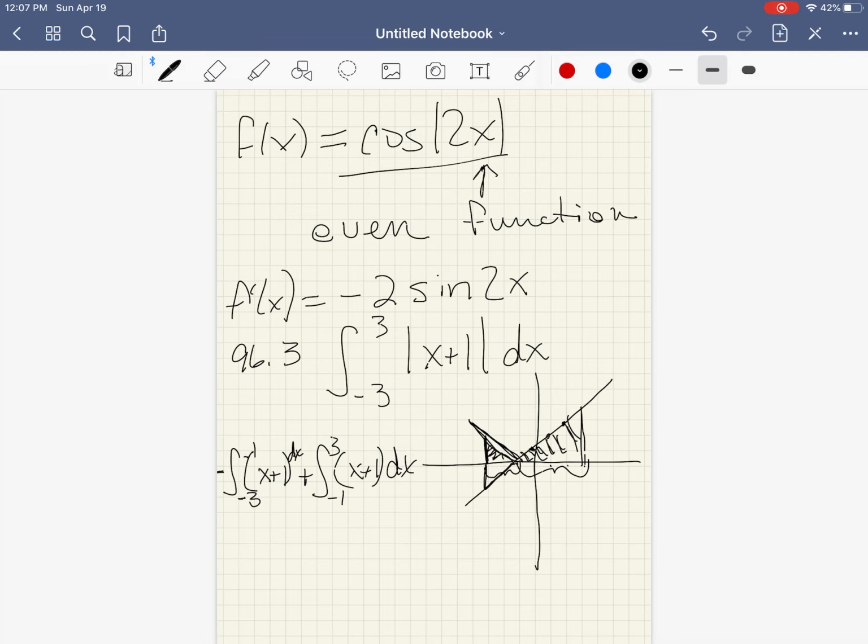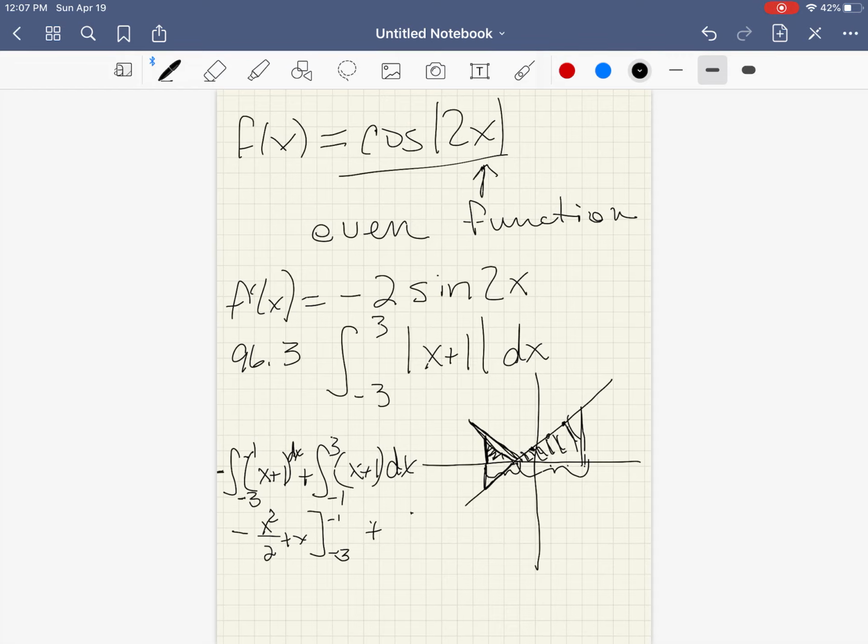All right, so when we integrate this, what do we get? We're going to get minus x squared over 2 plus x evaluated from -3 to -1.